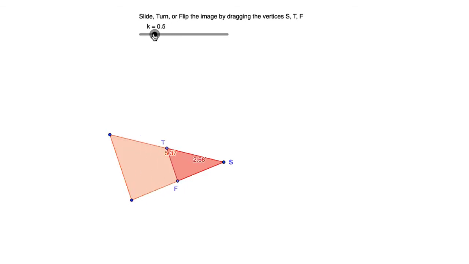Now one triangle can be above the other. If you decrease the size, so if the scale factor is less than 1, the given triangle would be smaller than the previous one, and if the scale factor is more than 1, then the given triangle would be larger than the previous one.